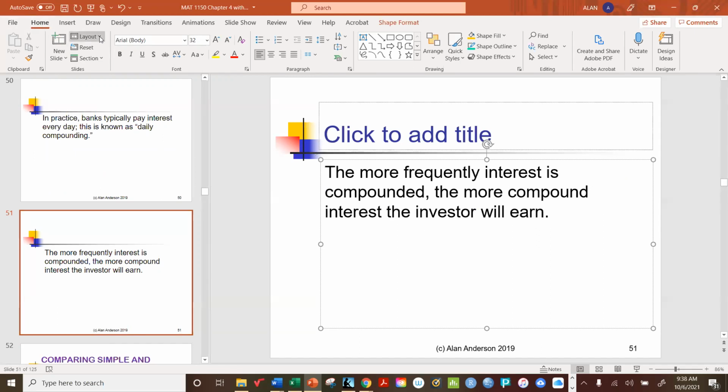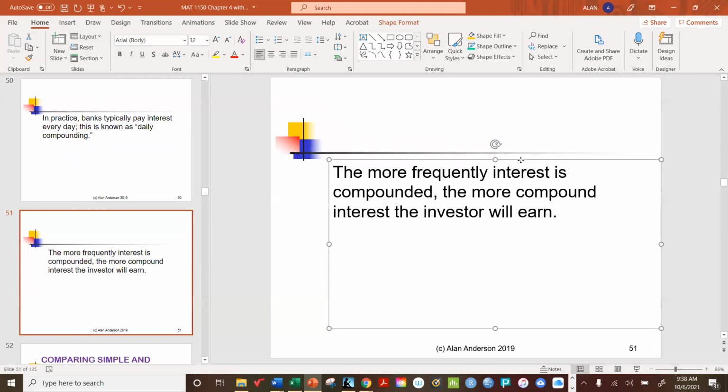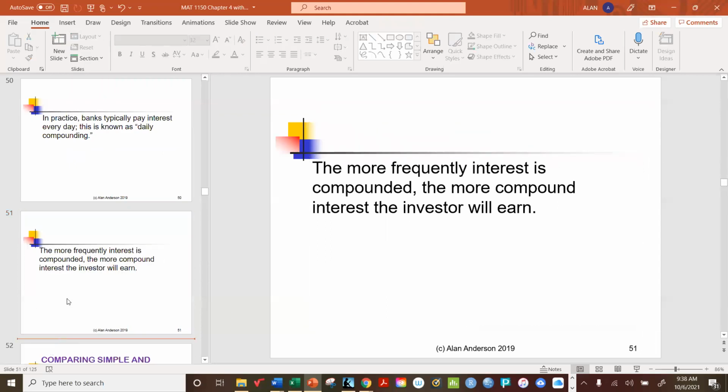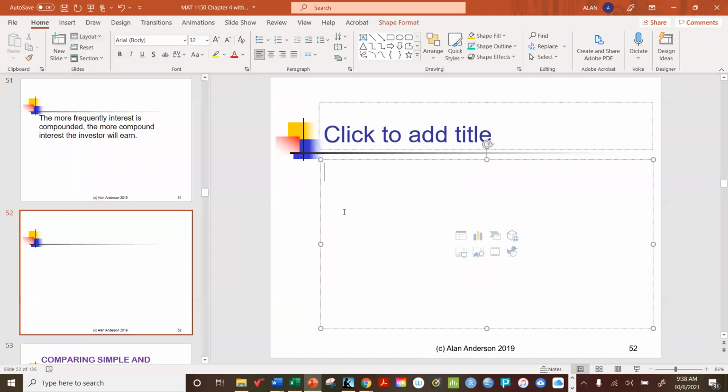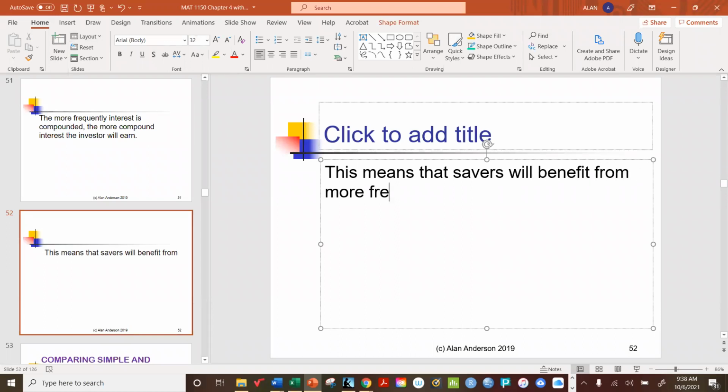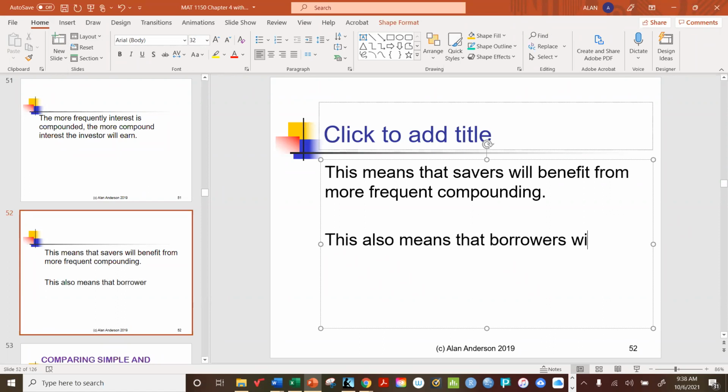But at the same time, you might think, well, this is wonderful for everyone, isn't it? No, because here's who is not happy. This means that savers will benefit from more frequent compounding. But this also means that borrowers will pay more interest for their loans. So there's a good side to this and there's a bad side.